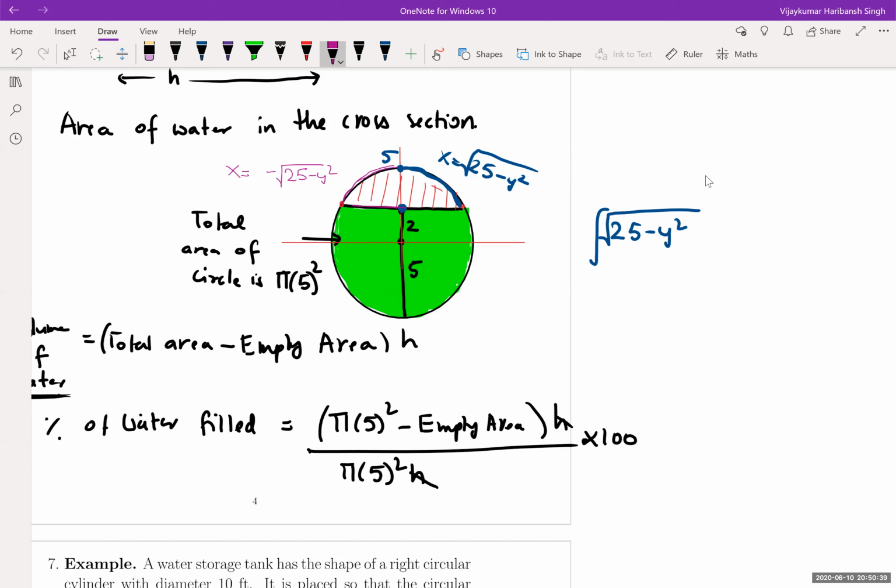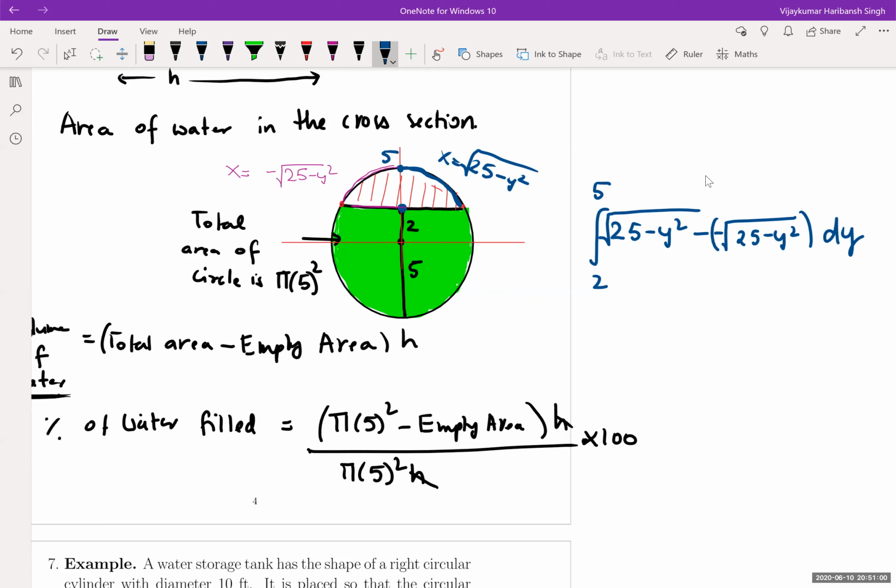Here the x is negative, here the x is positive. So minus the square root of 25 minus y squared dy. And what are the limits of integration? The limits of integration are from 2 to 5.